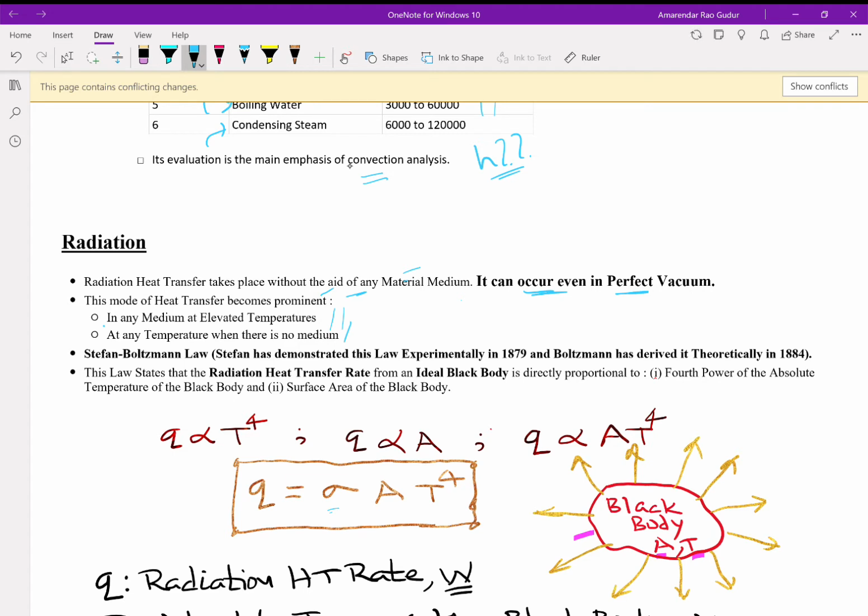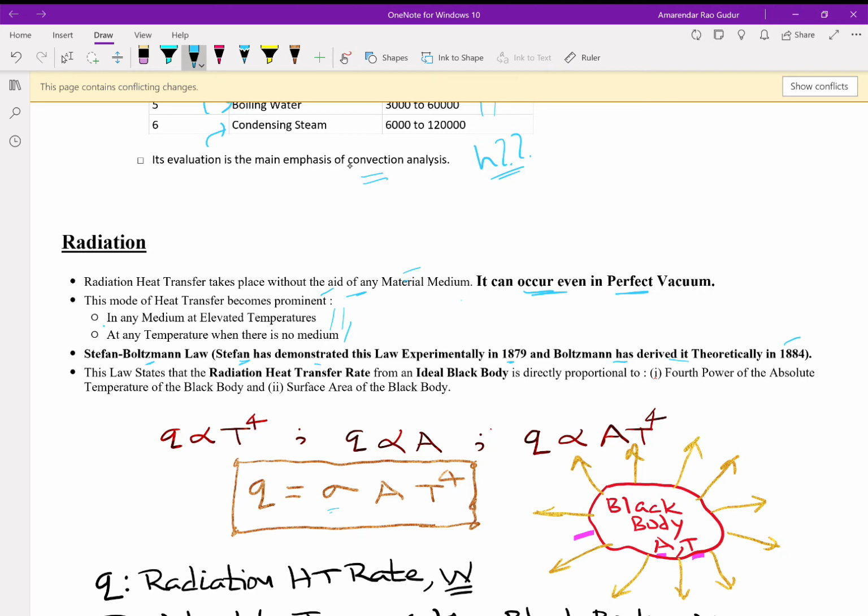This rate equation is given by the Stefan-Boltzmann law. Stefan demonstrated this law experimentally in 1879, and Boltzmann derived this law theoretically five years later, in 1884.